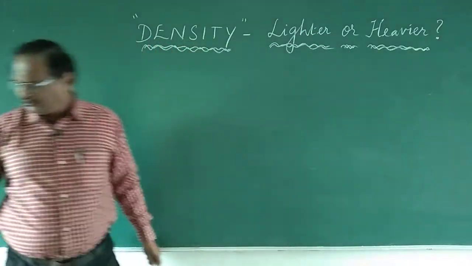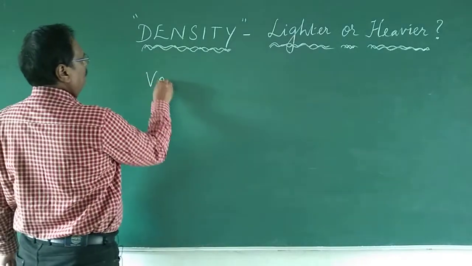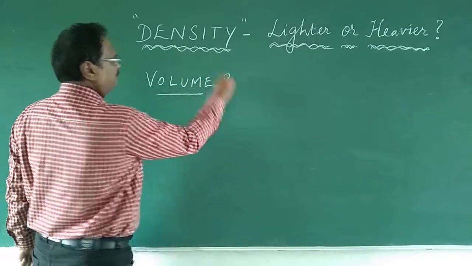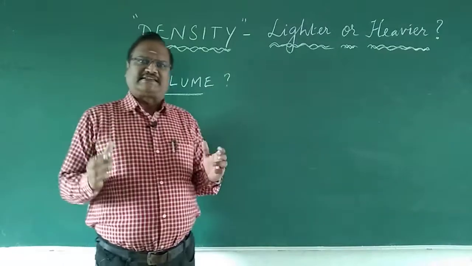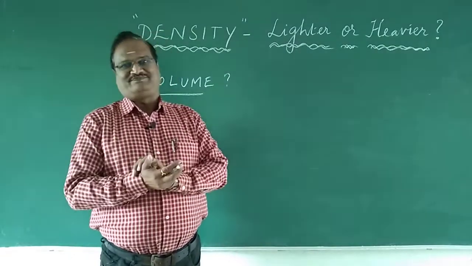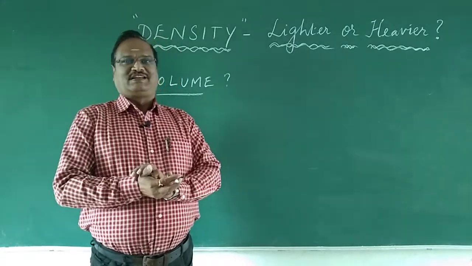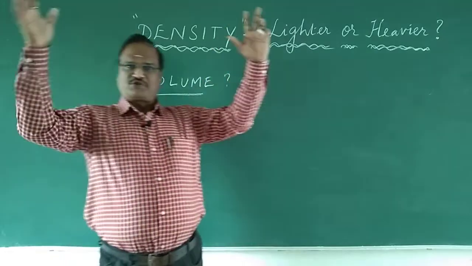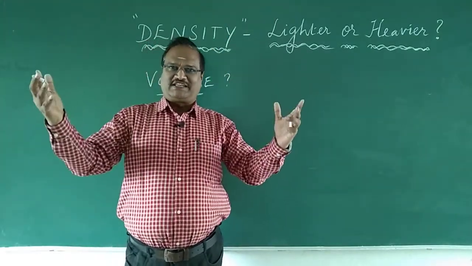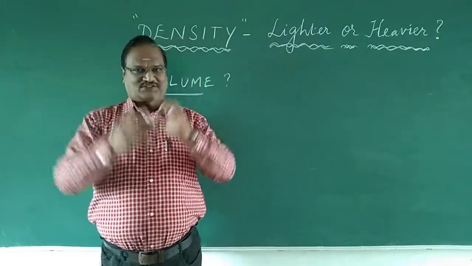I will first introduce a concept called volume. Now, what is this volume? Volume is the space occupied by a body. For example, in this room, I don't see anything other than table, desk, fan, board, all that stuff.